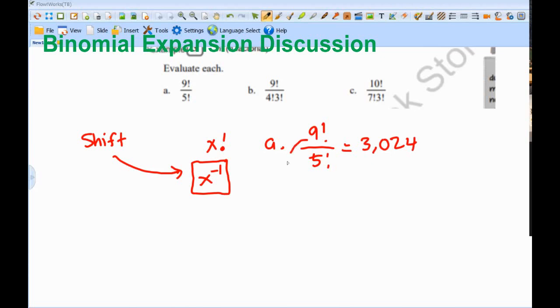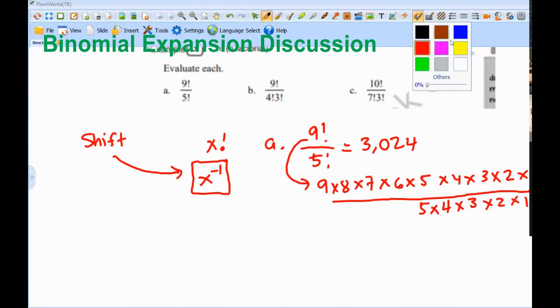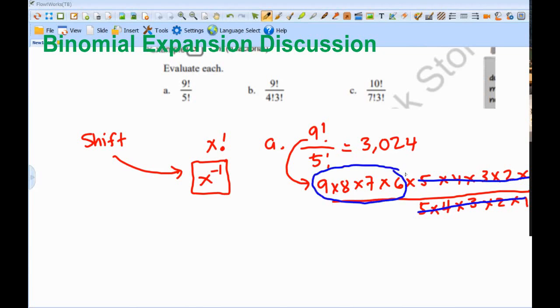The long way to do that is like this. 9 factorial means 9 times 8 times 7 times 6 times 5 times 4 times 3 times 2 times 1, over 5 factorial, 5 times 4 times 3 times 2 times 1. Then you can cancel this because it's division and it's a product. Then you will multiply this and that would be 3024.